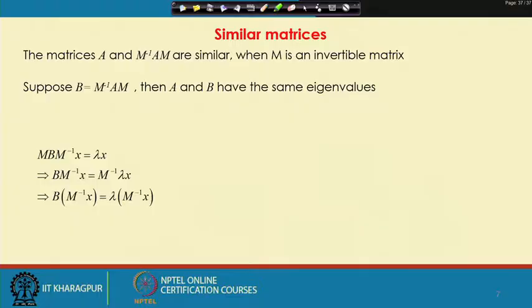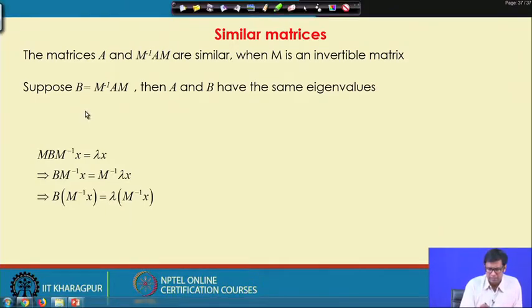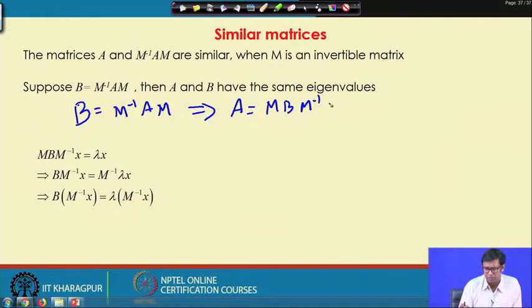Let M inverse x be equal to lambda x, as A is equal to M inverse AM. As B is equal to M inverse AM, we can write that A is equal to MB M inverse.